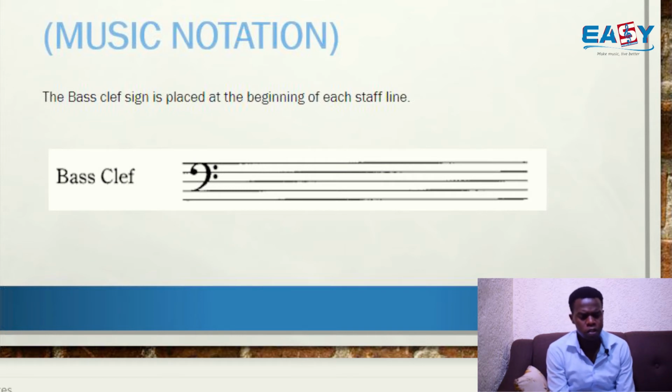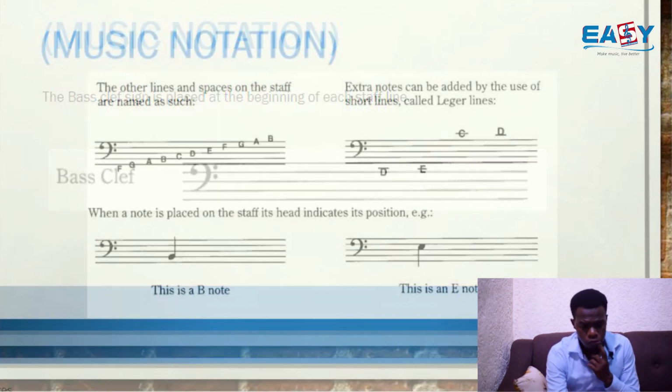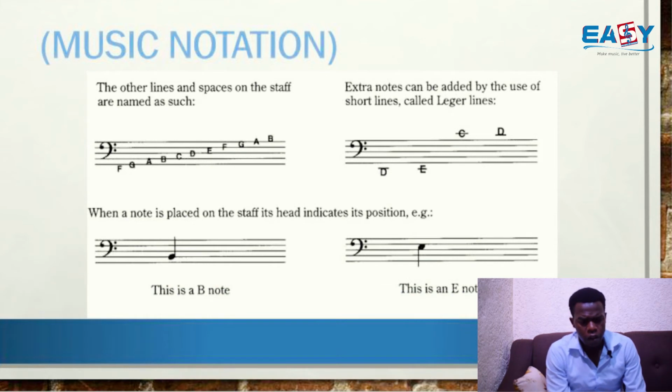This is how a bass clef is represented, and we place a note anywhere. If you place it in a space, it counts. If you place it on a line, it also counts. These are examples of notes that we find on the bass clef.